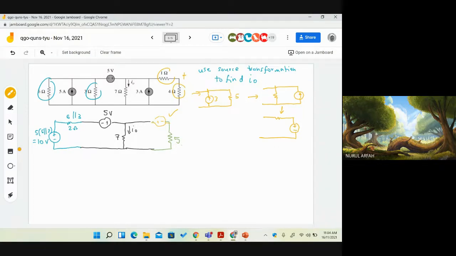So it is plus minus like this. Okay, and then don't forget the 5 ohms. This is 5. And what is the value for voltage? Transform means you need to find the voltage value too. Voltage equal to? 15. How do you know? 3 times 5. 15 volt. All right. Now, what is the next step?